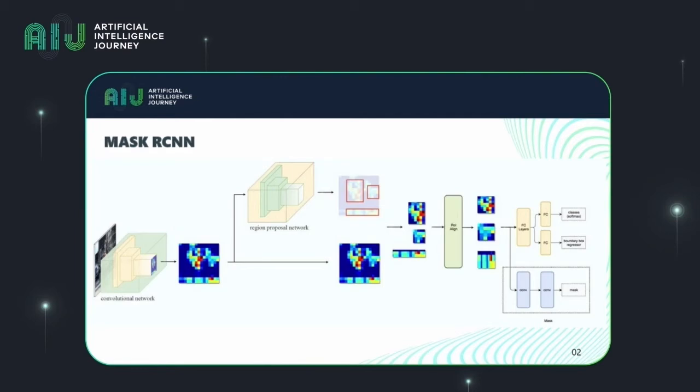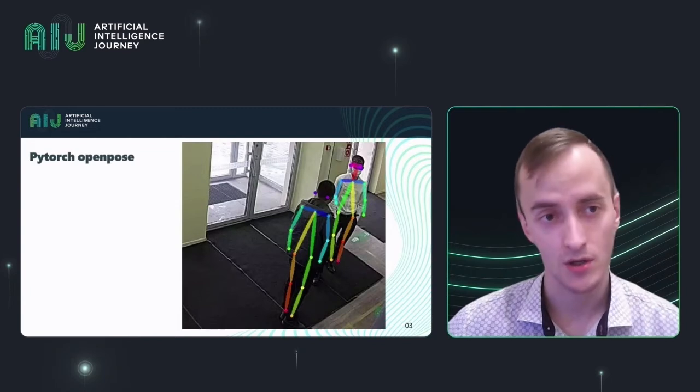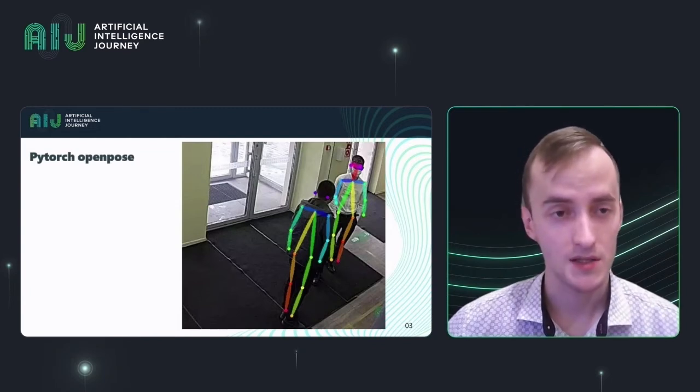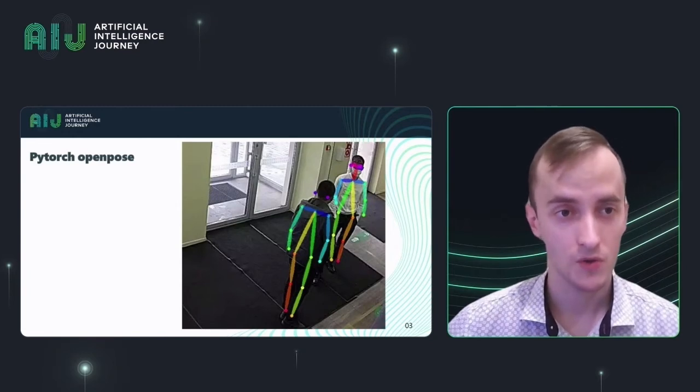After we've identified the employees, we need to understand the position of the employee. Here, PyTorch OpenPose comes to our help. Using this software, which works very well, we can identify 17 key points in the body of each person.